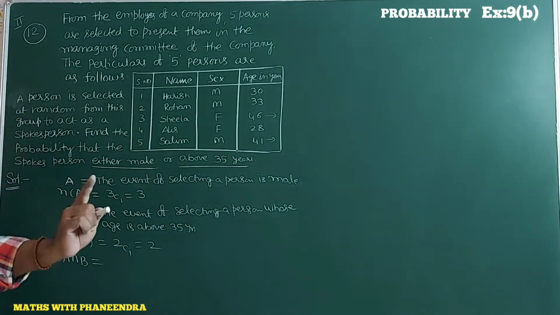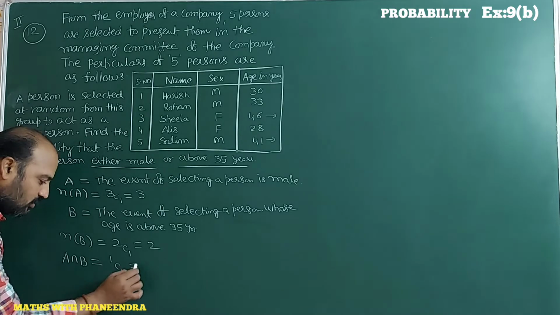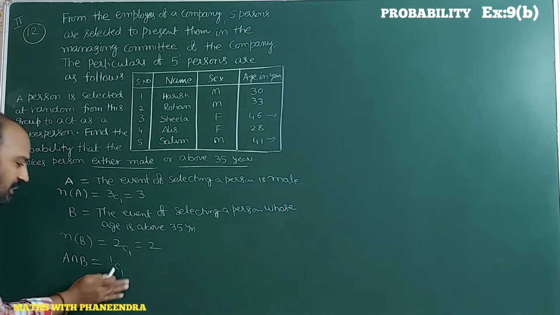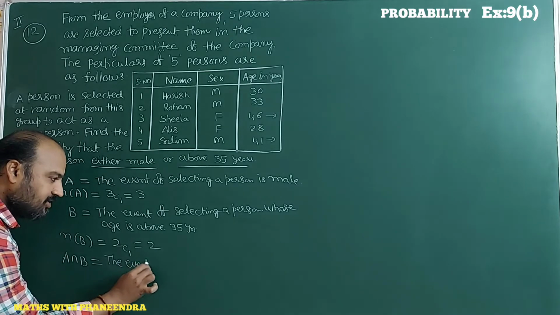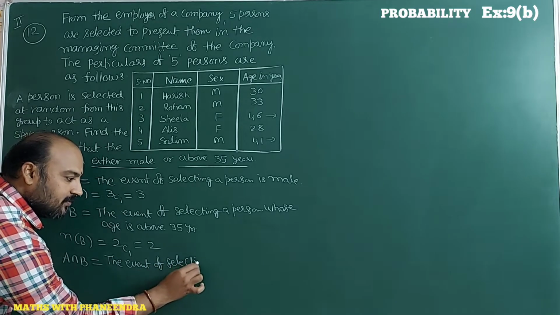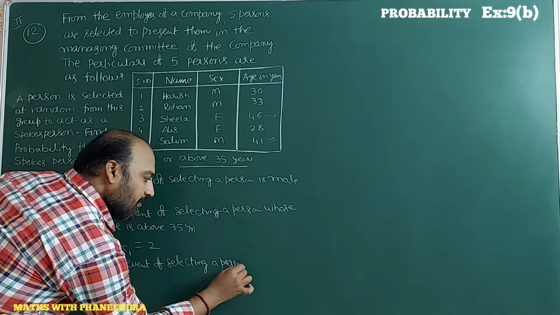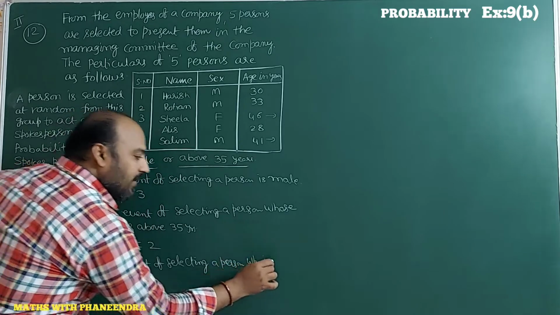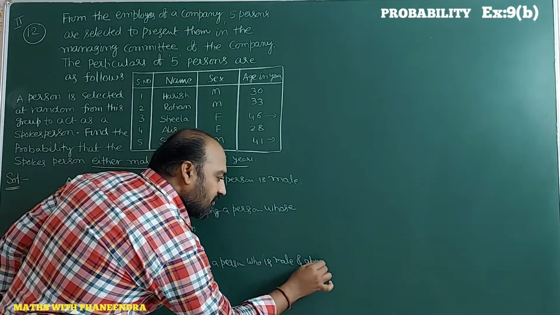So only one person will be selected in 1C1 way, that is equal to 1. So only one person is there. N of A intersection B, the event of selecting a person who is male and above 35 years.